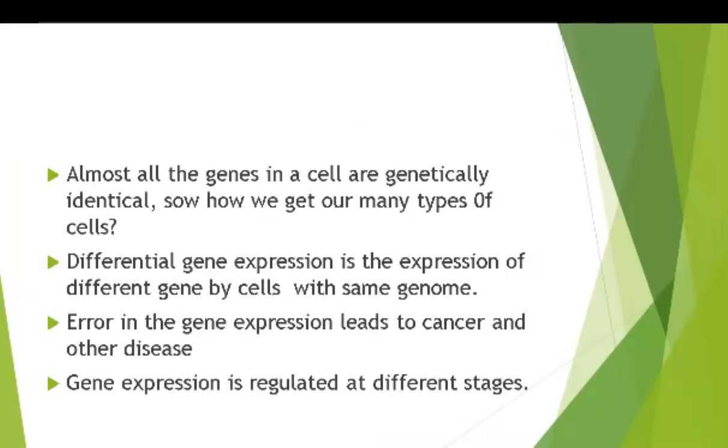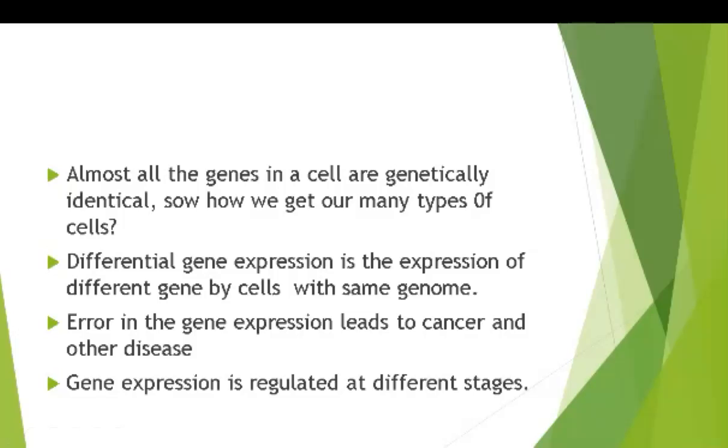If we move on to the next point: almost all the cells are genetically identical, so how do we get many types of cells? This is the question, and I will give you an answer. All the cells are genetically identical with each other.